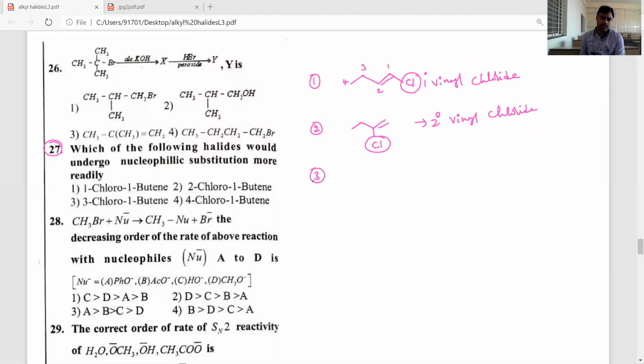Next, the third one is 3-chloro-1-butene, a secondary allyl chloride.